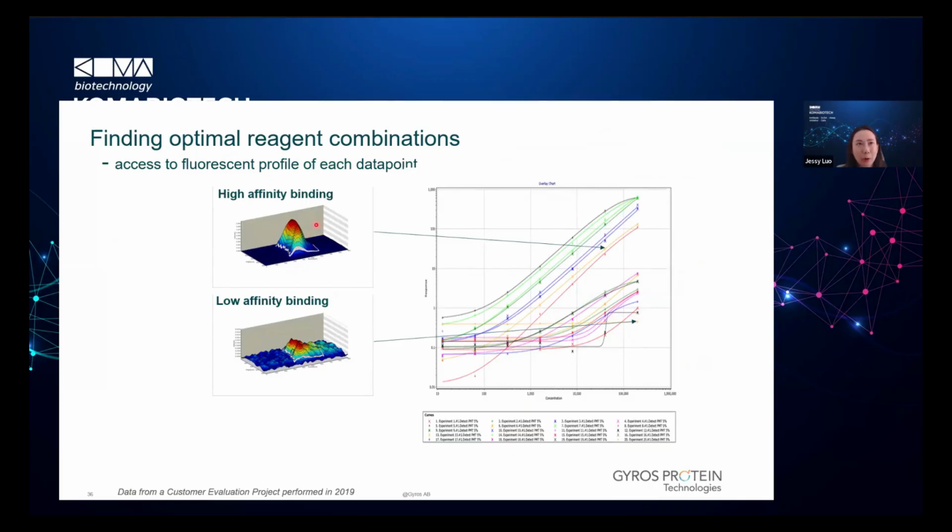Just like I mentioned before, you can quickly define how your antibody pairs with your analyte, whether the affinity is good or not, judging from these profiles. So this one has very good affinity, and this one has a little bad or low affinity binding with your analyte.